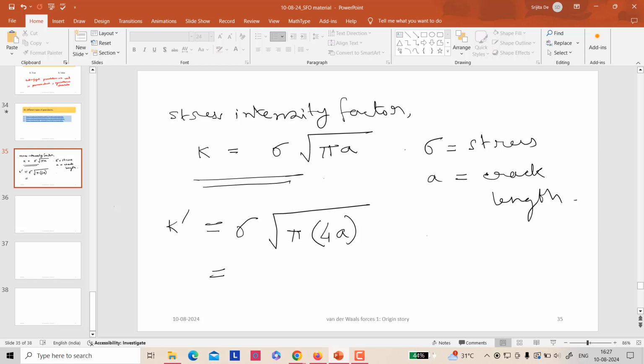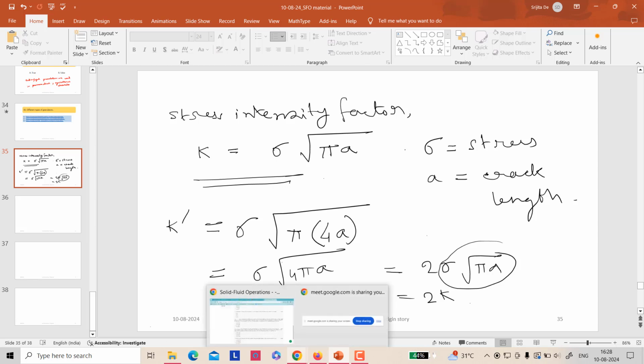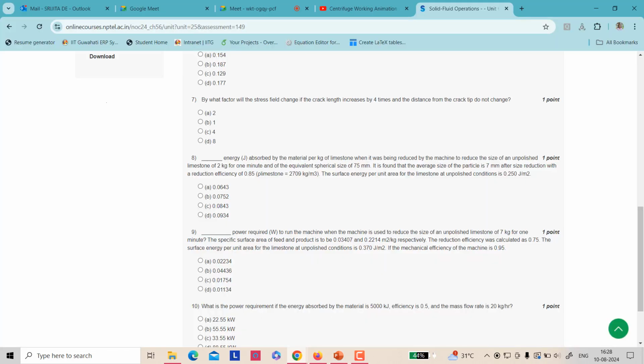So it will come sigma root under 4 pi a and it will lead to 2 sigma root pi a, and sigma root pi a is nothing but the stress intensity factor, that is K. So in the question, by what factor will the stress field change? It will be 2. Option A. Okay.